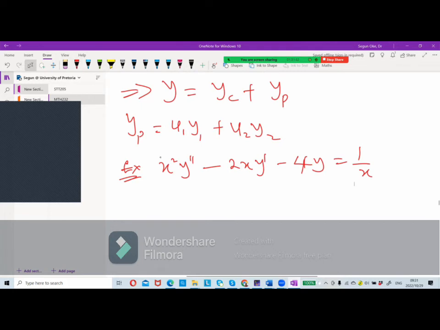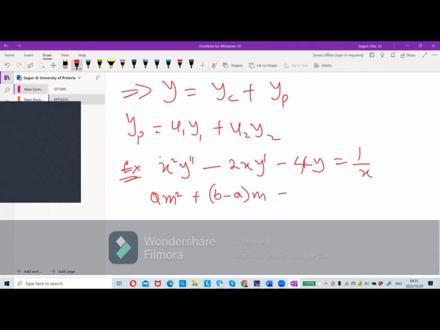Now, we know the method. The method is am squared plus (b minus 1) m plus c equals 0. So in this case, we have a to be 1.